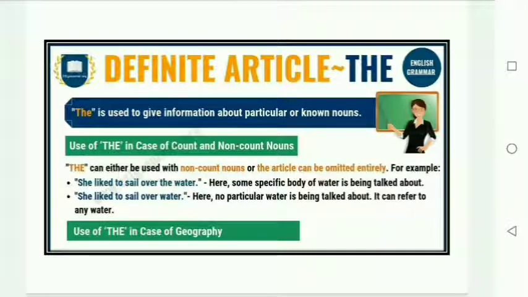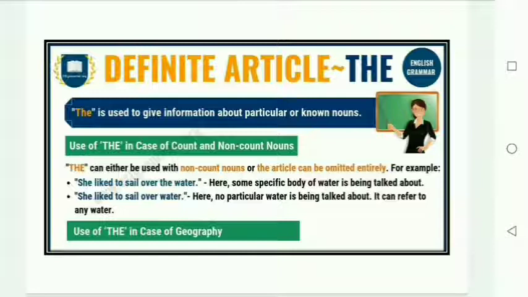So it gives us information about particular things or known nouns. The can be used with non-count nouns as well, or the article can be omitted entirely. For example, she liked to sail over the water. Here we are talking about some specific body of water.